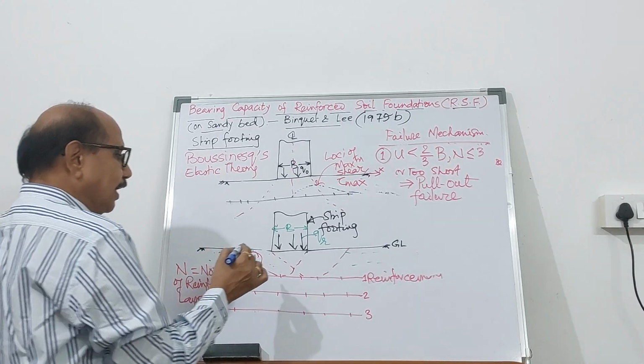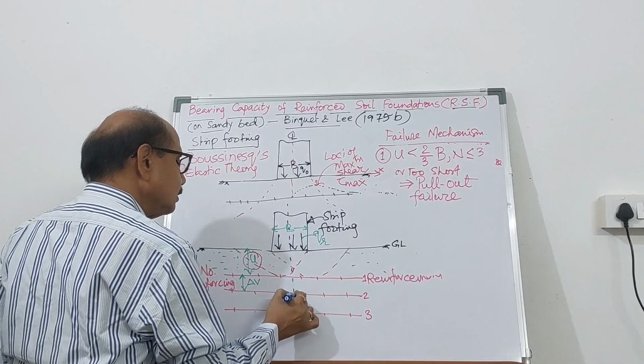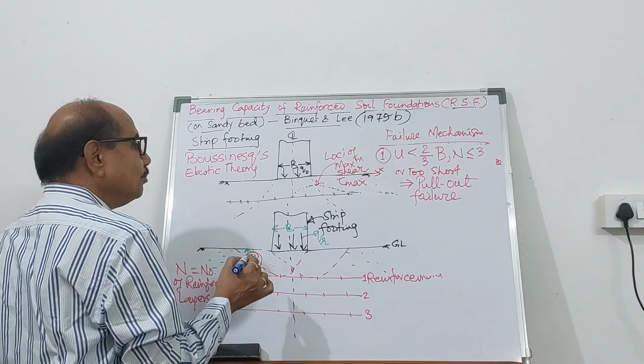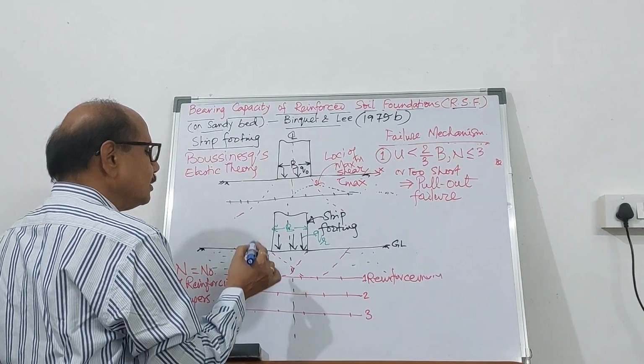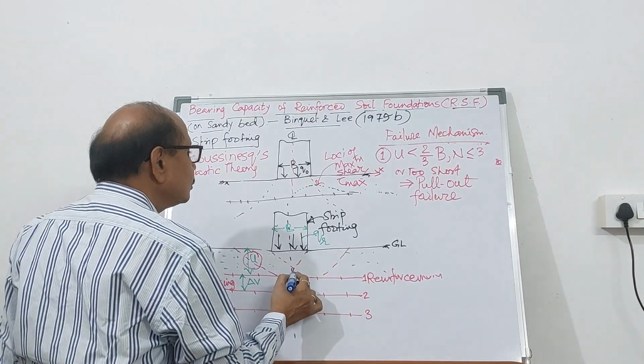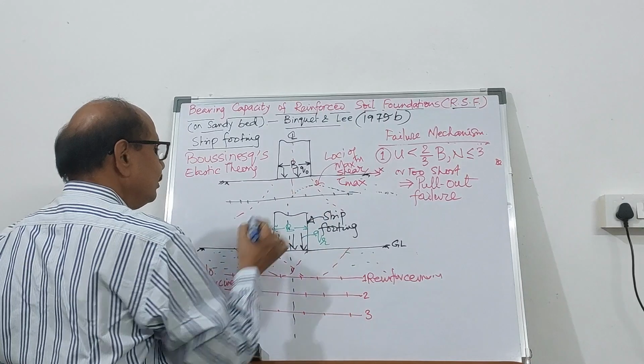So at different planes, here you can show it. So the work given by Binkett and Lee is very, very valuable. So here you are going to have the maximum shear.